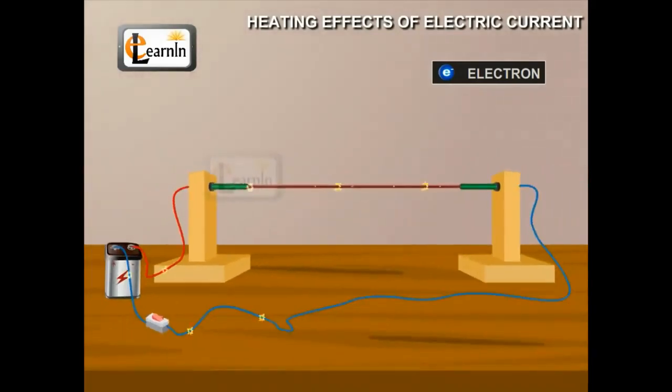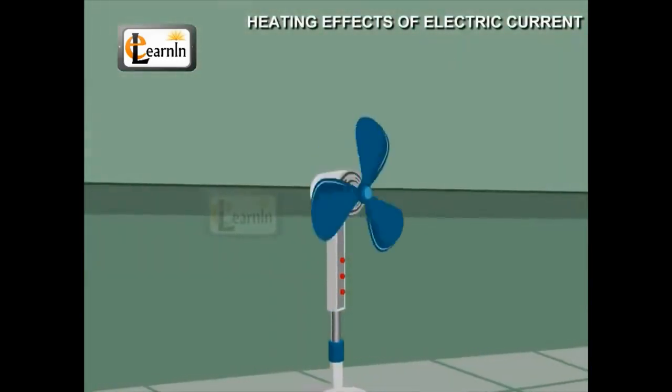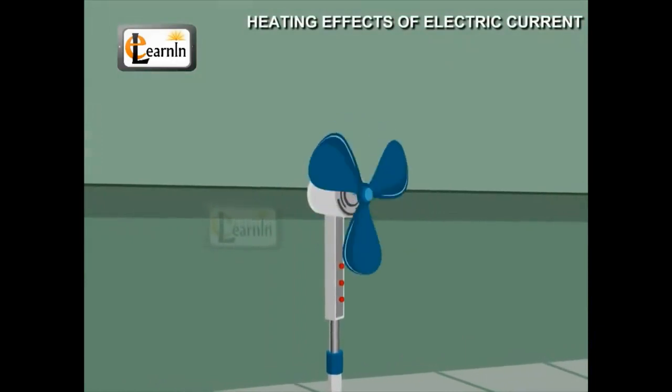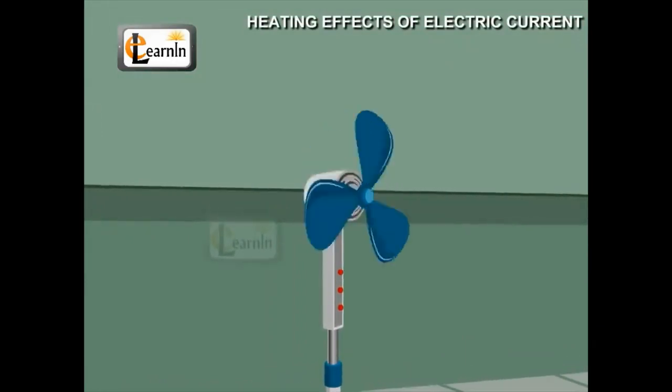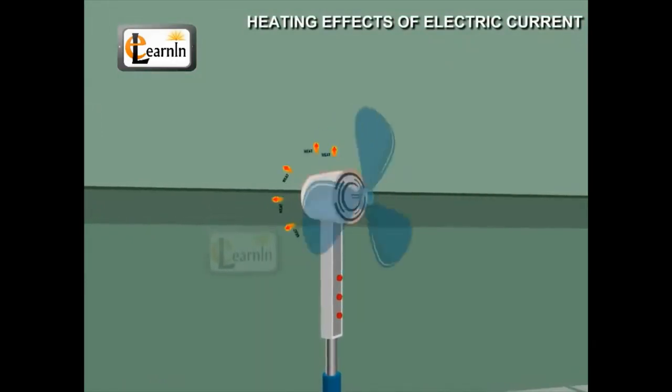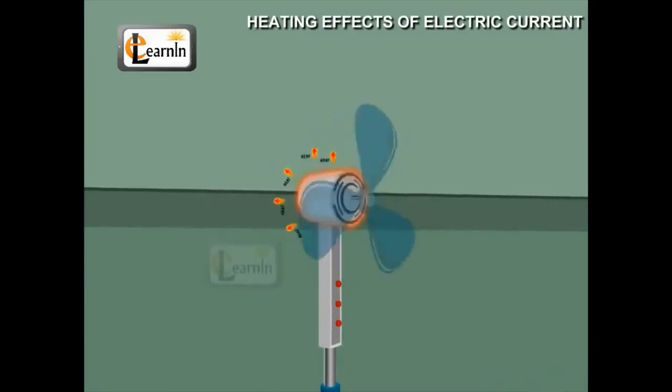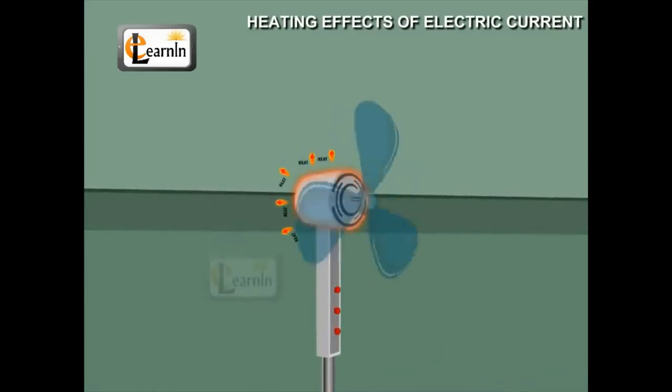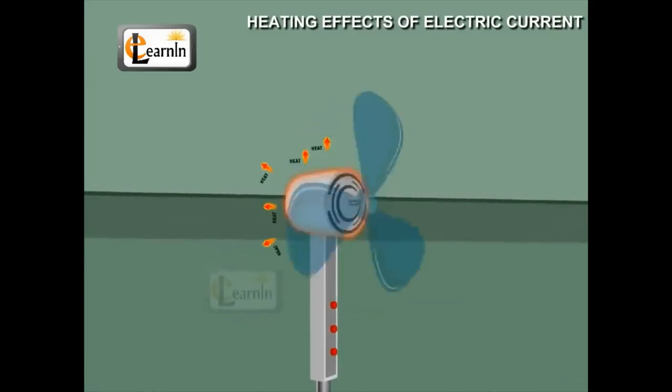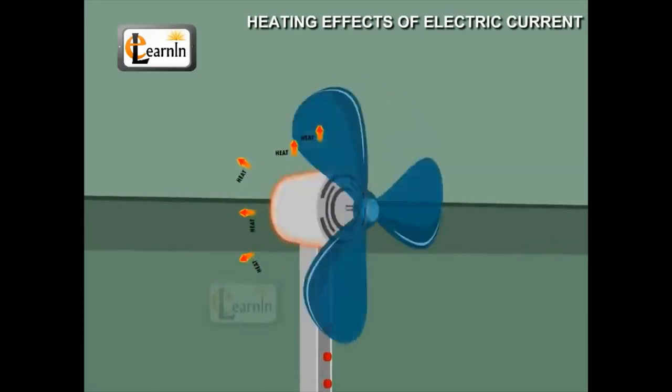However, a part of this source energy in maintaining the current may be consumed into useful work, like in rotating the blades of an electric fan. The rest of the source energy may be expended in heat to raise the temperature of the gadget. We often observe this in our daily lives. For example, an electric fan becomes warm if used continuously for a long time.